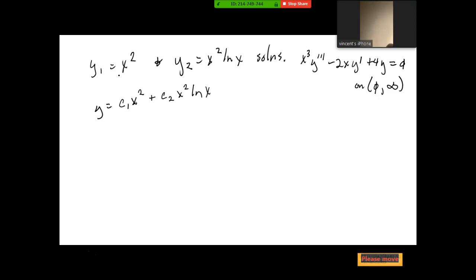It's not too hard to verify that. Your y triple prime, your y1 is going to disappear completely, so that won't be hard. The other one, well, you could play around with it and see. They didn't tell us to verify it.